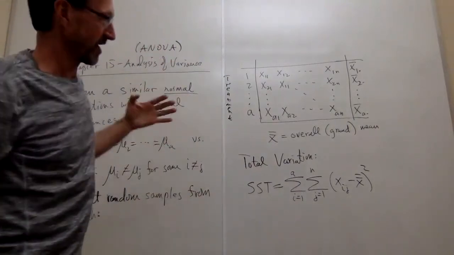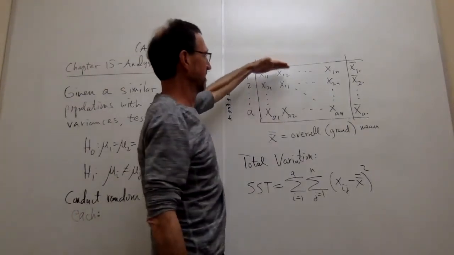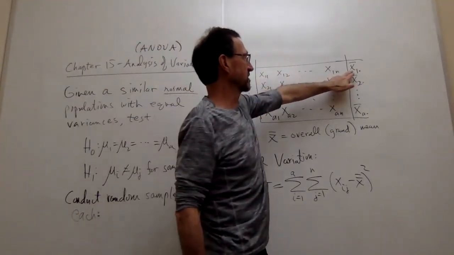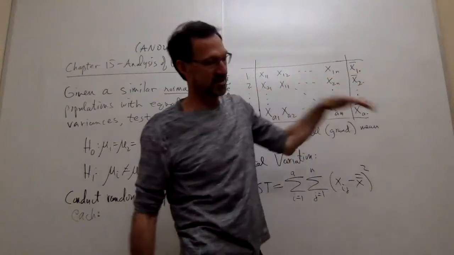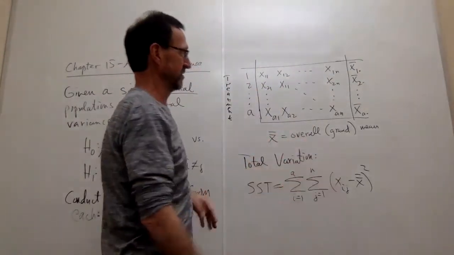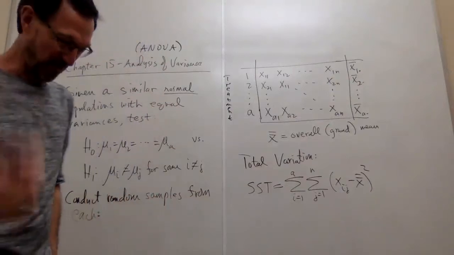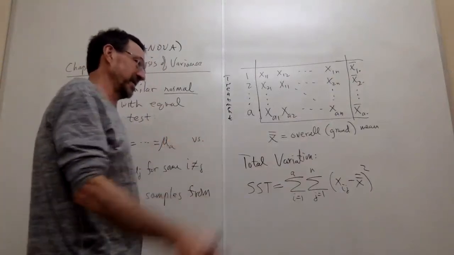And then for the test here in chapter 15, we need to know the means for the individual treatments. We're going to label those x1 dot, so we're summing across the row only, not down the column. So we'll put a dot to leave space for a column mean, but we're not going to use it here.